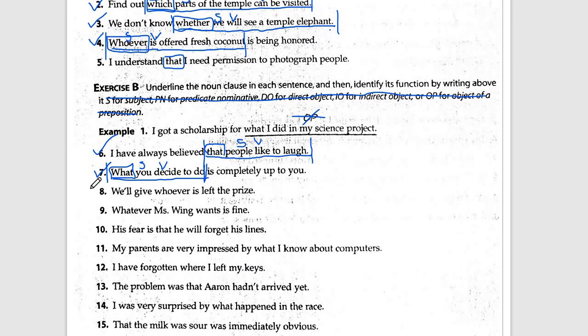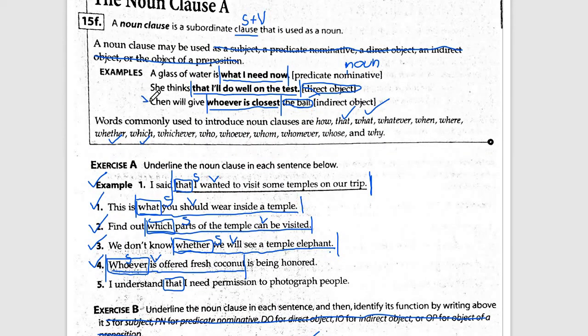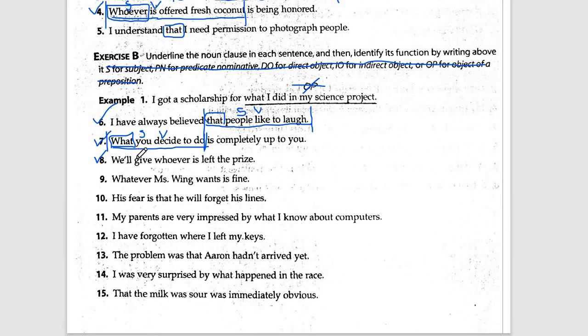Okay, then we've got number 8. Number 8 is probably the most different out of them all. Number 8 is exactly like your note right here. Chen will give someone the ball. Will give whoever is left the prize.